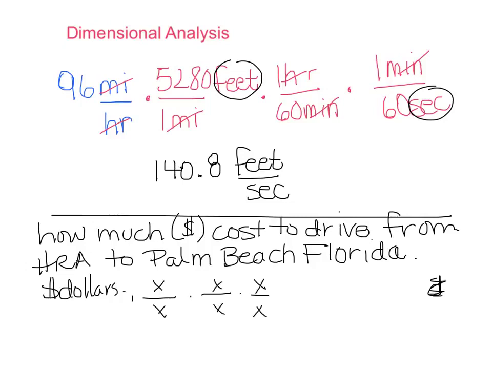You're going to need to do a lot of Google searching. How far is it? I don't want to give away too much. I want you to try and figure it out as much as possible. But you're going to need to know some information about your car. You're going to need some information about your local gas station and things like that. So do some Google searching, find the numbers you need, and figure out how much it would cost you to drive from HRA to Palm Beach, Florida. Good luck.